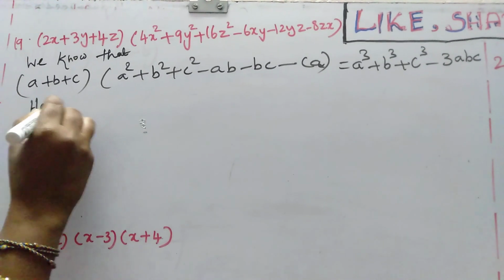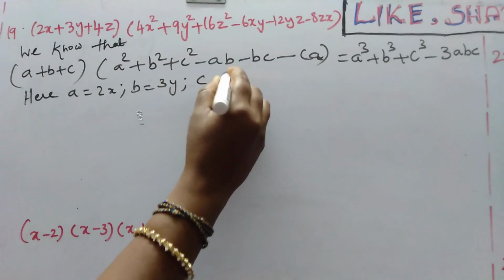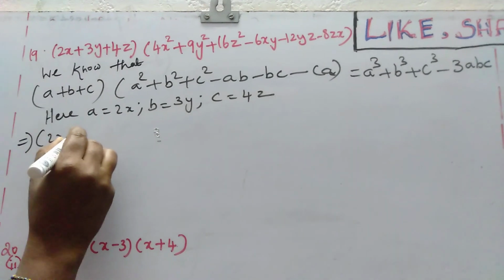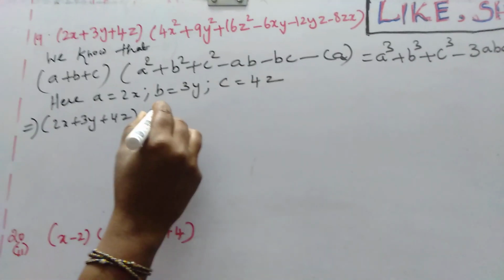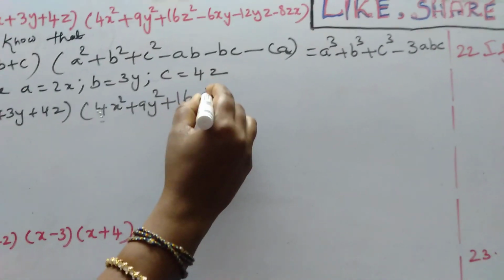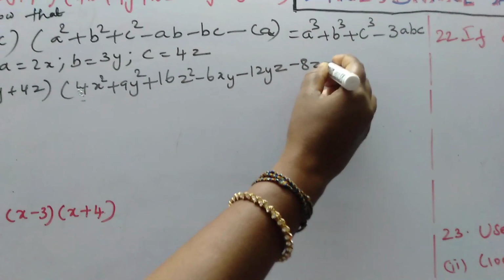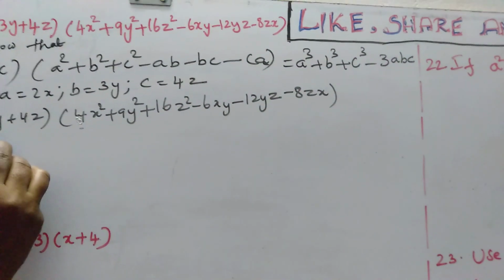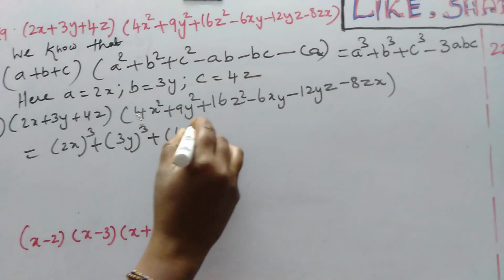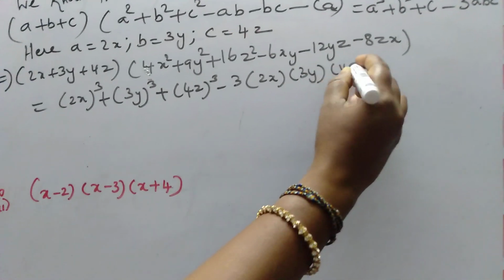Here a equals 2x, b equals 3y, c equals 4z. So it implies the expression equals (2x)³ + (3y)³ + (4z)³ - 3 into 2x into 3y into 4z.